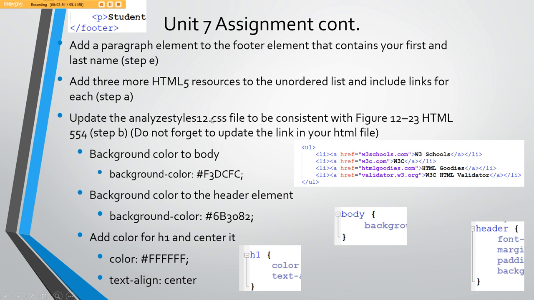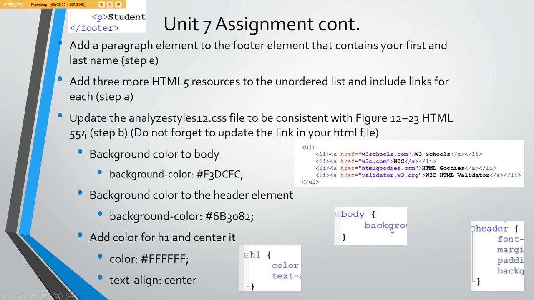Then you're going to go to your style sheet and make it consistent with figure 12-23. I've kind of gone through that. You need to change the background color of the header. You're going to add color for H1 and center it.